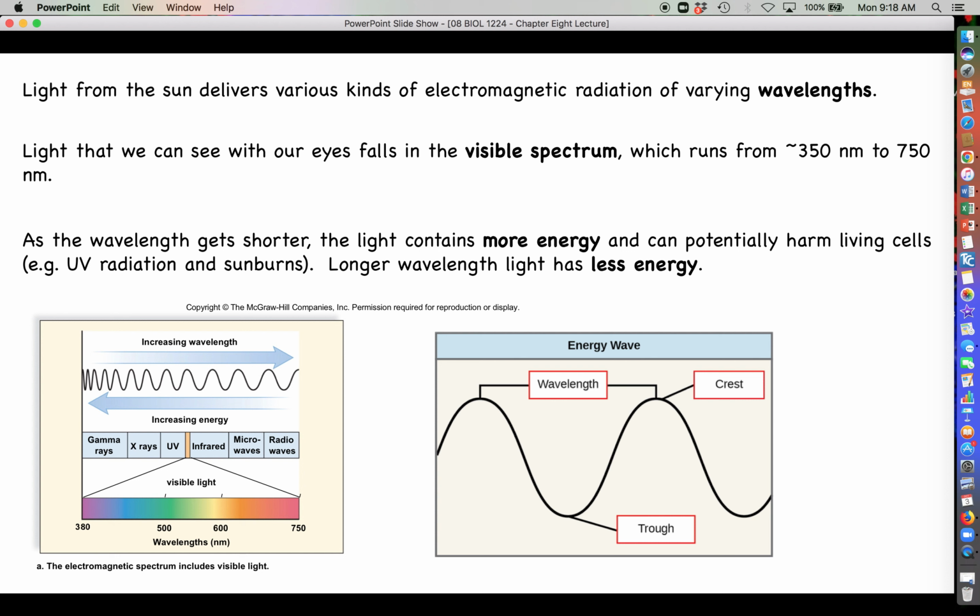That is evidence that the cells of your skin are being actively harmed by the high energy radiation you receive from the sun. On the other side, long wavelength radiation has a lot less energy.